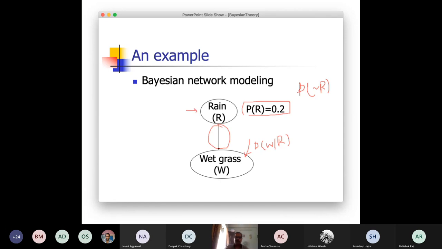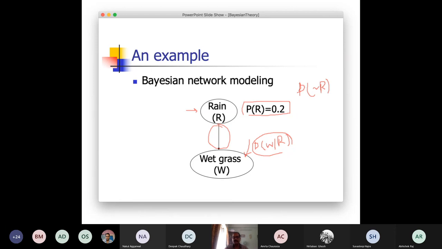Similarly, how many values are required? Other values could be inferred from them. See, if you know the probability of wet grass given rain, it means you also know the probability of not wet grass given rain, right?